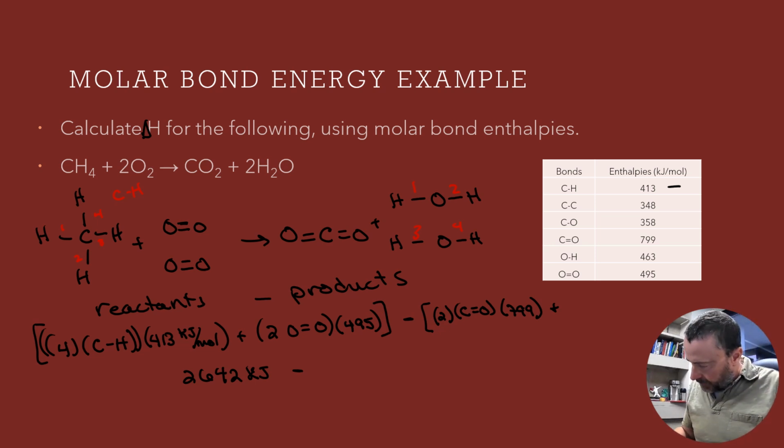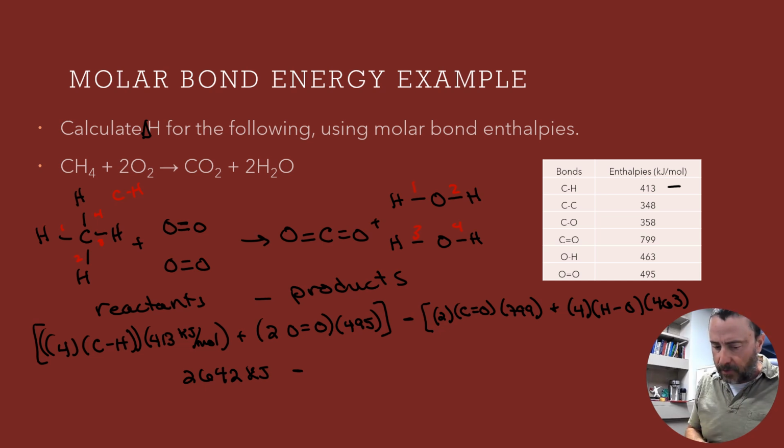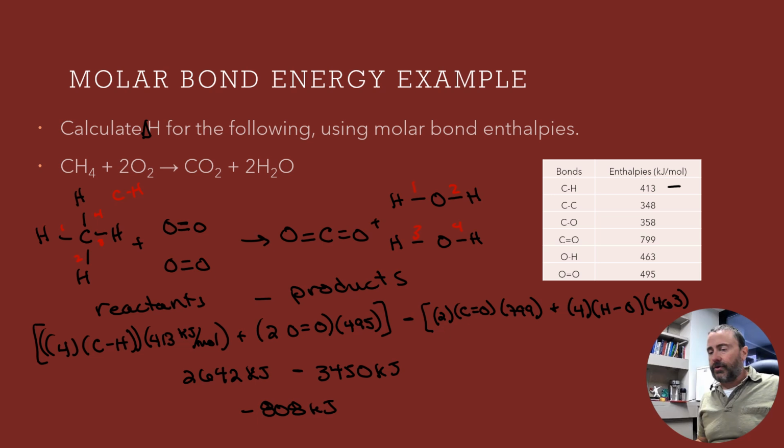So we have 4 hydrogen to oxygen single bonds, which are 463 kilojoules per mole. So our product side is negative 3450 kilojoules. Our answer then is going to be negative 808 kilojoules.